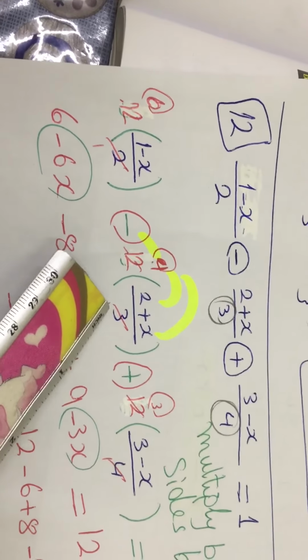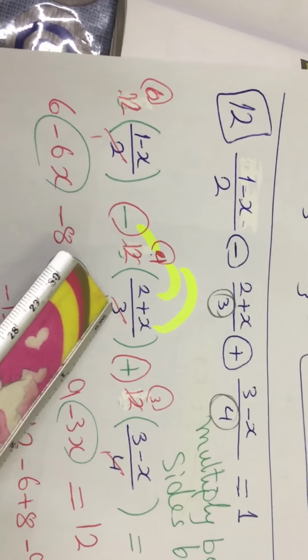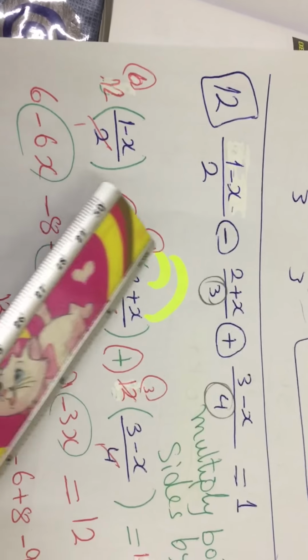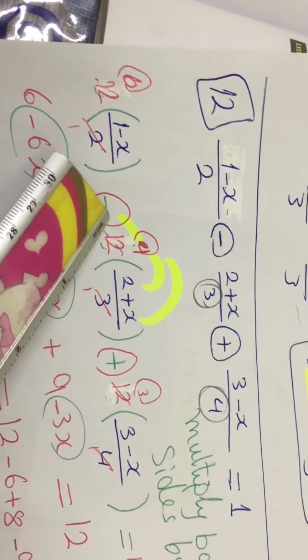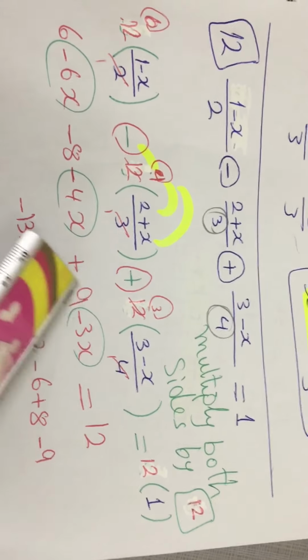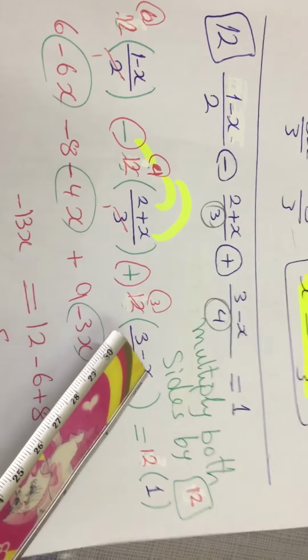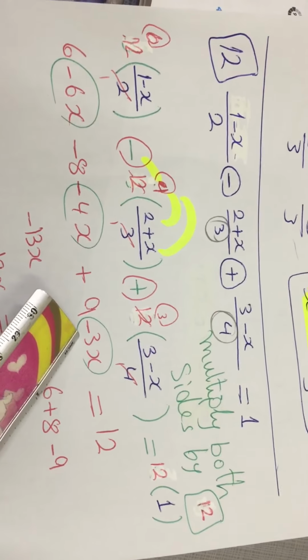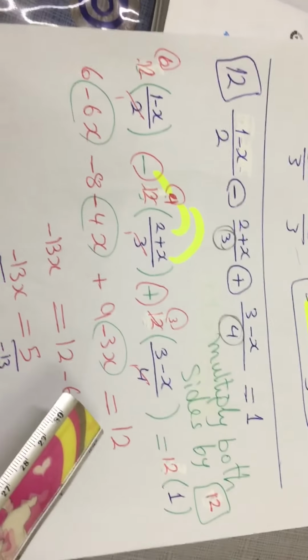And here, 12 divided by 3 equal 4. But don't forget that you have negative 4 multiply positive 2 equal negative 8, and negative 4 multiply x equal negative 4x, like this. The positive is decent. Here, 12 divided by 4 equal 3. So we have positive 3 times 3 equal 9, and positive 3 times negative x equal negative 3x. 12 times 1 equal 12.